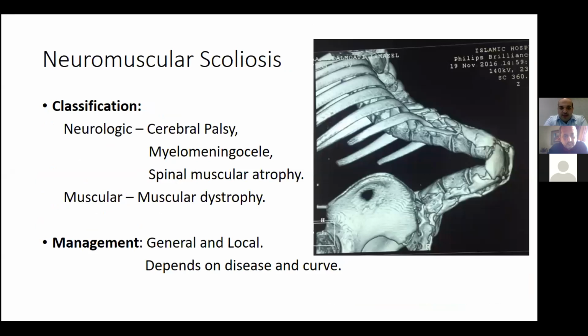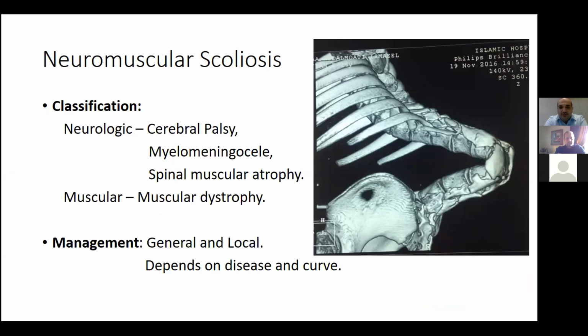For classification of neuromuscular, we have two main types, the neurologic and the muscular. Examples of neurologic are cerebral palsy, myelomeningocele, and spinal muscular atrophy. Any muscular atrophy leads to the muscular type of neuromuscular scoliosis. The idea of these deformities is the imbalance of the power of the muscles.